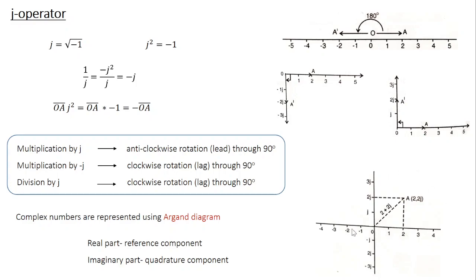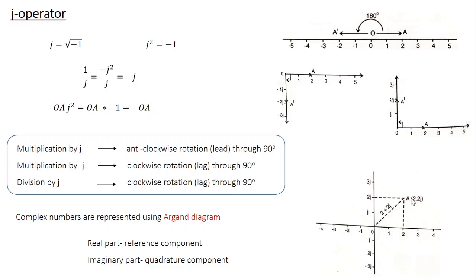So this is essentially a two-dimensional graph where the x-axis corresponds to the reference component or the real part. So on the right-hand side you have positive numbers, left-hand side you have the negative numbers. And the y-axis corresponds to the imaginary part or the quadrature component. So plus y corresponds to the positive imaginary numbers and the minus y corresponds to negative imaginary numbers.